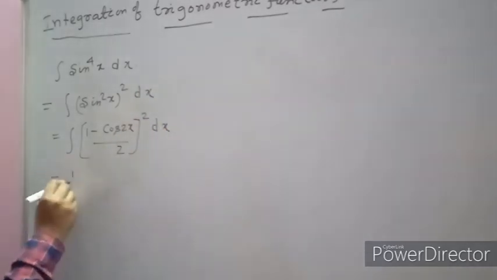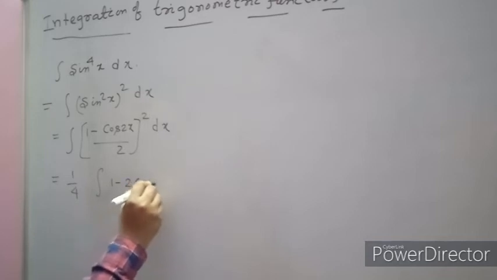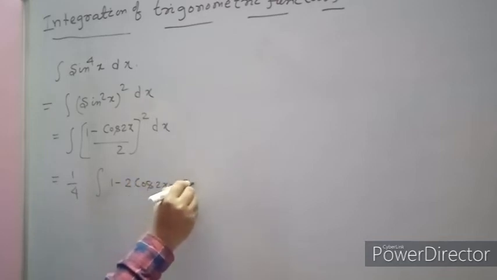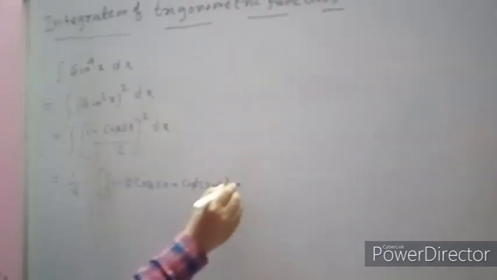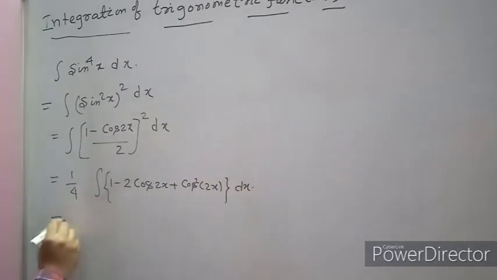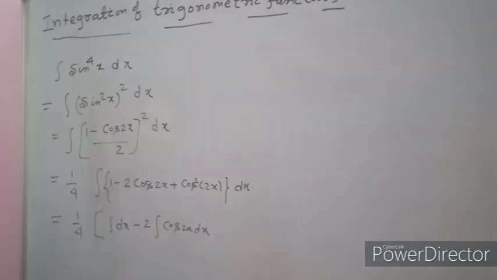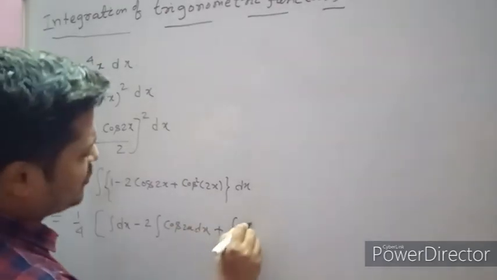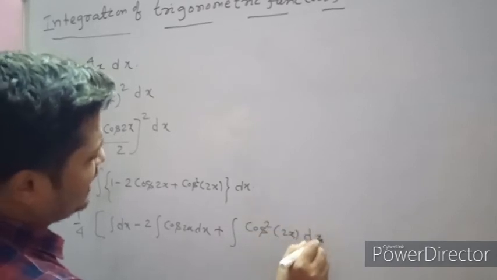So what you get? 1 by 4 integration (1 minus 2 cos 2x plus cos square 2x) dx. So what you get? 1 by 4 [integration dx minus 2 integration cos 2x dx plus, this is now the problem, integration cos square 2x dx].